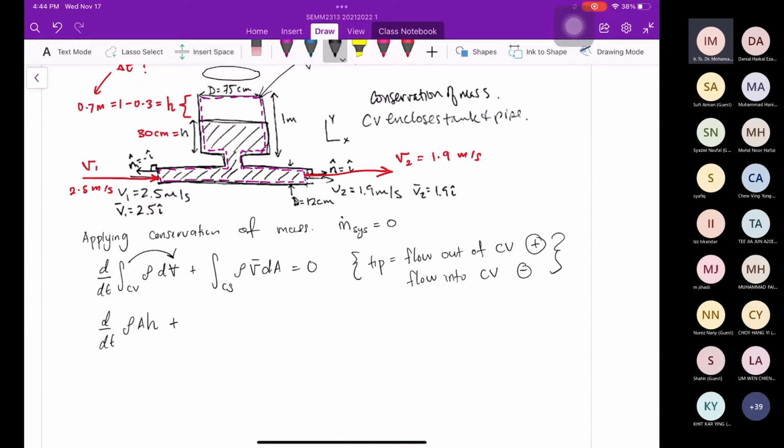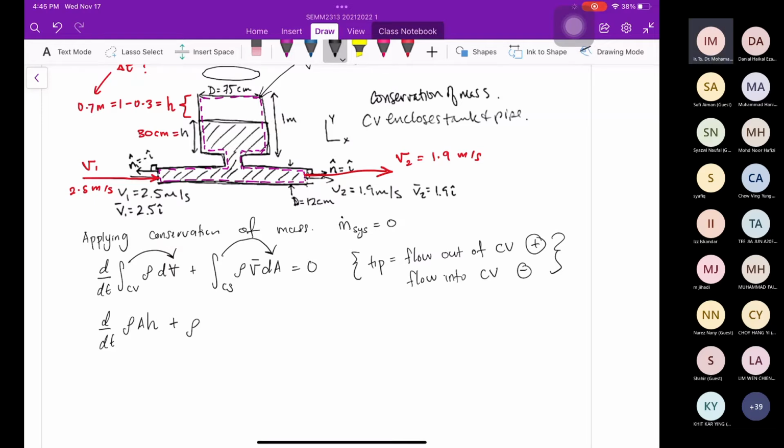Where is it? V1 and V2. So I integrate over area, and the area is pi r squared, because this is a pipe.